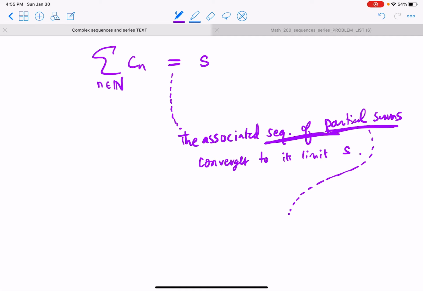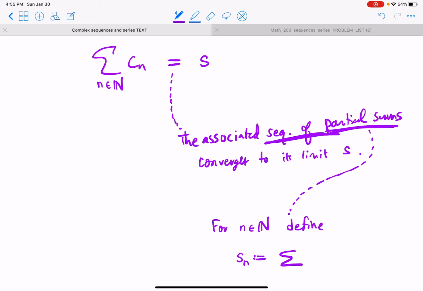Well, a sequence of partial sums is, for n in N, define s sub n is equal to... so we're going to define a sequence now. Remember, we used to call sequences z sub n, but now we're going to call them s sub n because we're thinking of sums, partial sums.